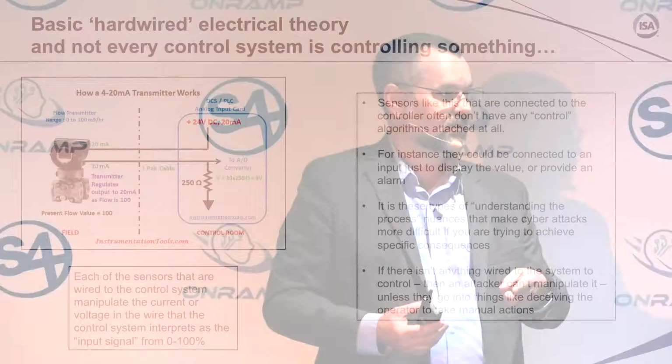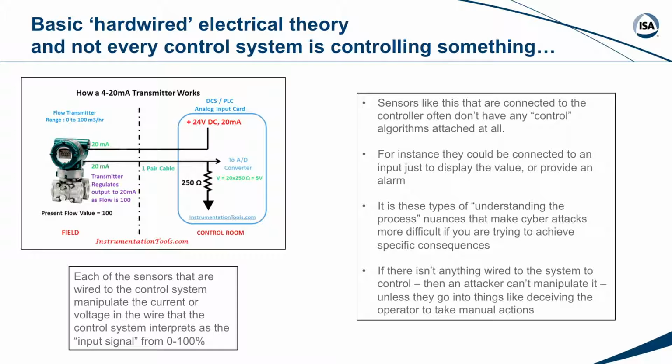Well, the corollary to that in a current loop became 4 to 20 milliamps. So in a loop, we used current because then you could detect if the wire got broken. If you used voltage and you had 0 volts be the 0% signal, if the wire got broken, the control system would just say, oh, well, it's just reading 0.